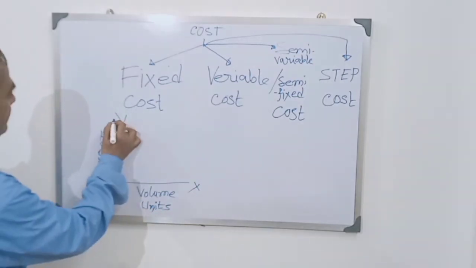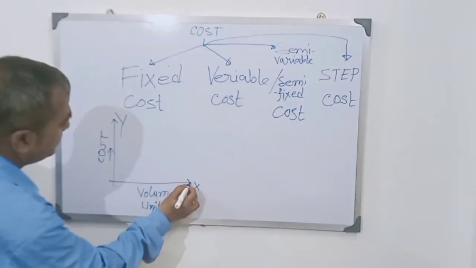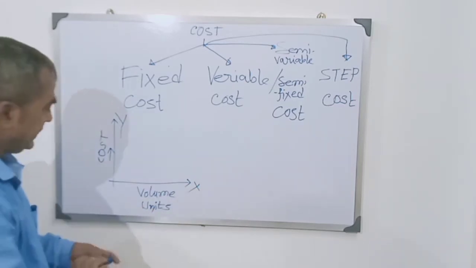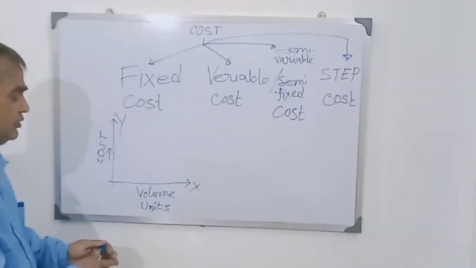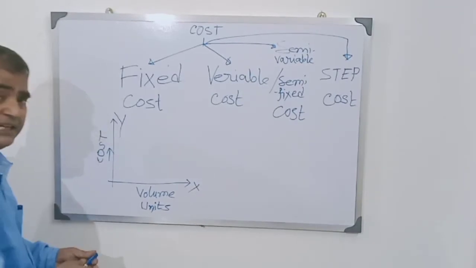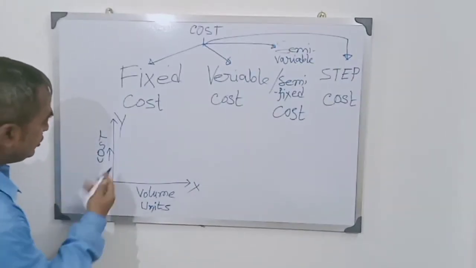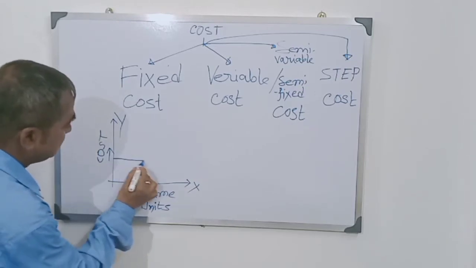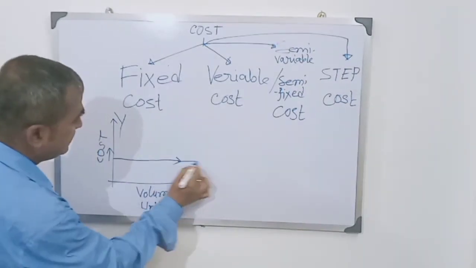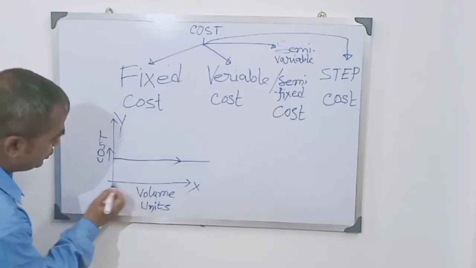Now, if we do not produce, also factor in to be paid. So, certain expenditure which you have to incur, whatever unit you produce, 0 unit, that is fixed cost.